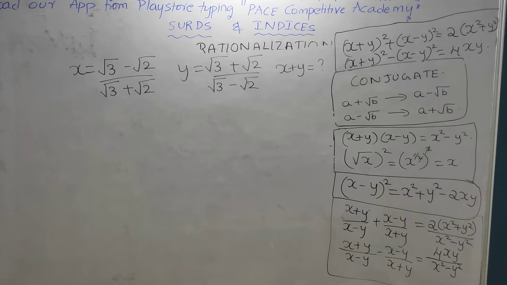Next question: x is equal to (root 3 minus root 2) divided by (root 3 plus root 2), and y is equal to (root 3 plus root 2) divided by (root 3 minus root 2), and he is asking the value of x plus y. Previously we noted one shortcut, right?